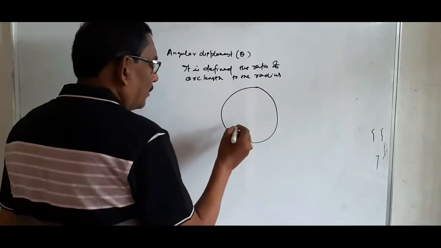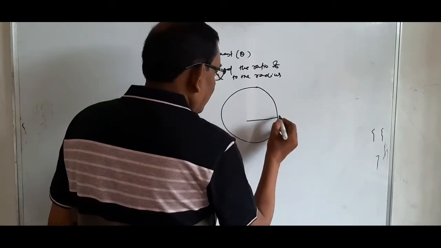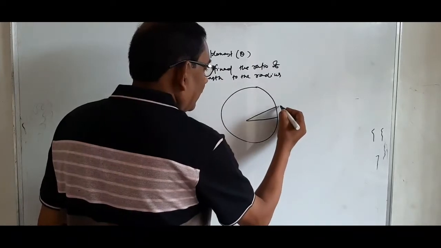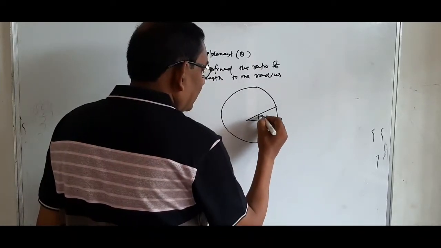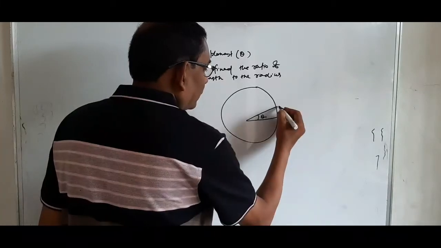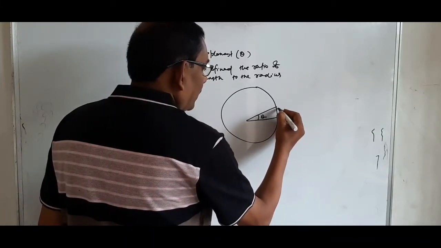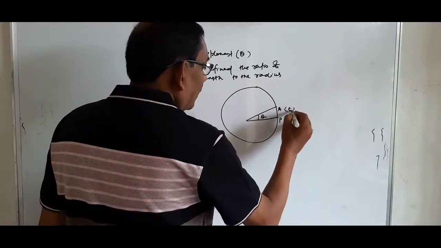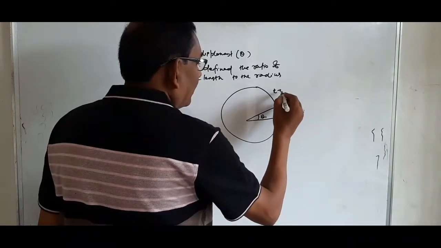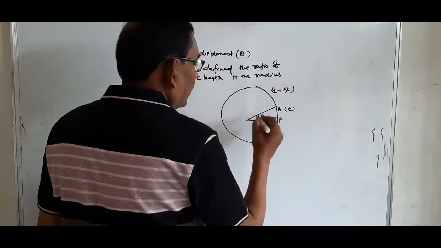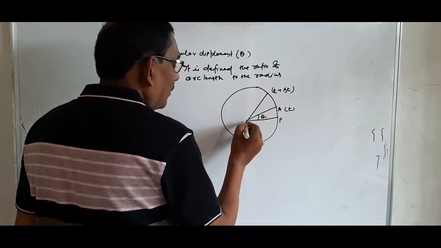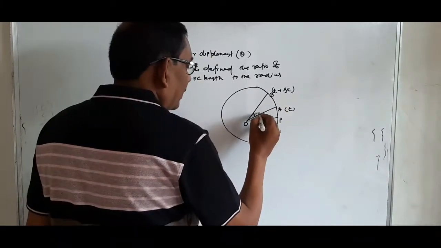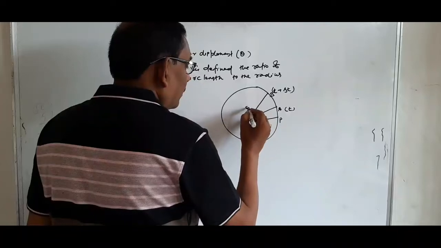It is a circular path. Suppose that initially the body is here. After the time t, it makes an angle theta 1, and the position of the body is here at point A. After the time t plus delta t, the body is here at point B by making an angle theta 2.